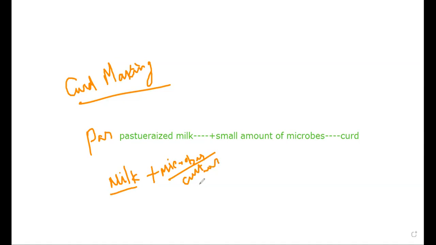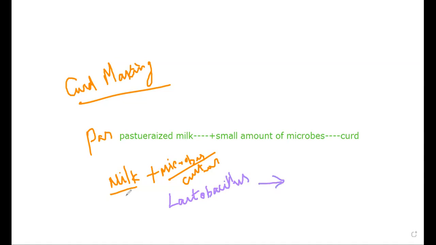The culture contains microbes, that is lactobacillus. The lactobacillus is a microorganism that acts upon the milk.